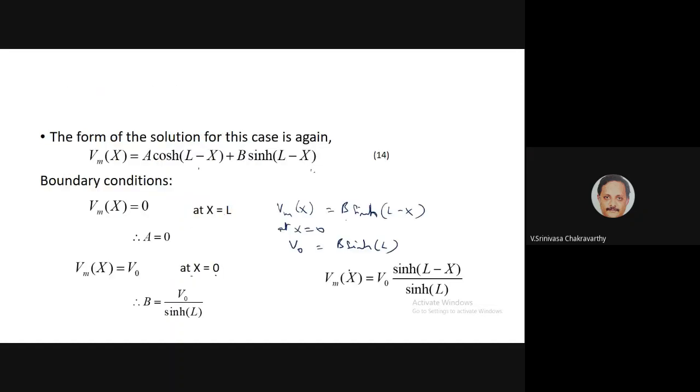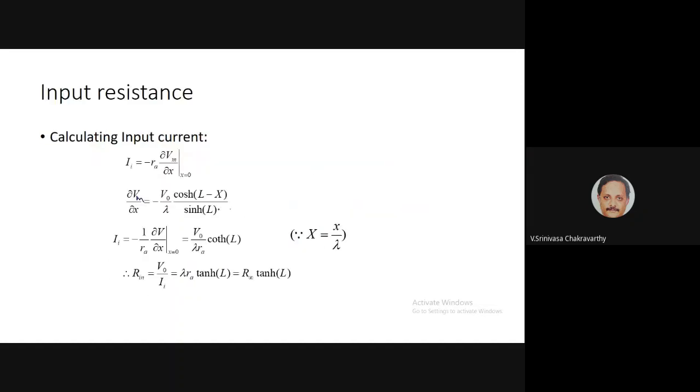Because we know Vm is equal to this right now, if you set x equal to 0 in this, you get this expression.